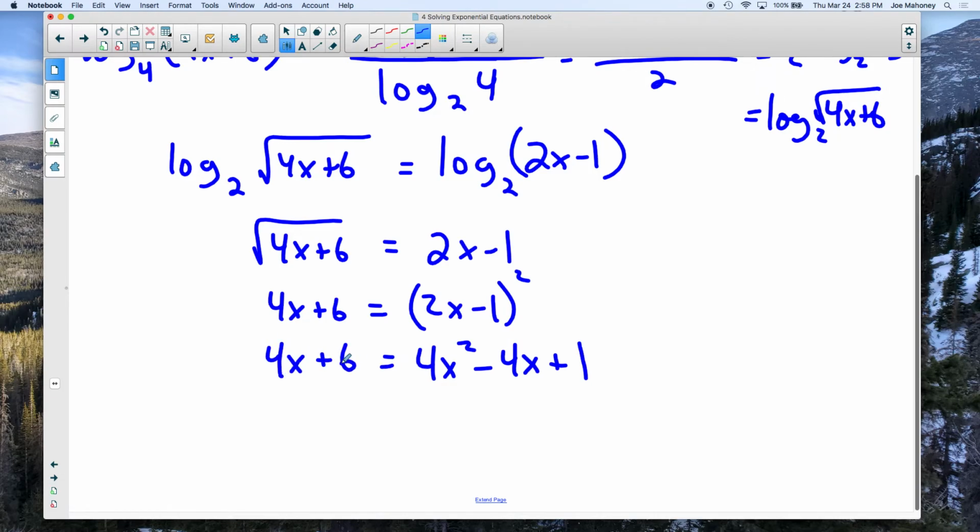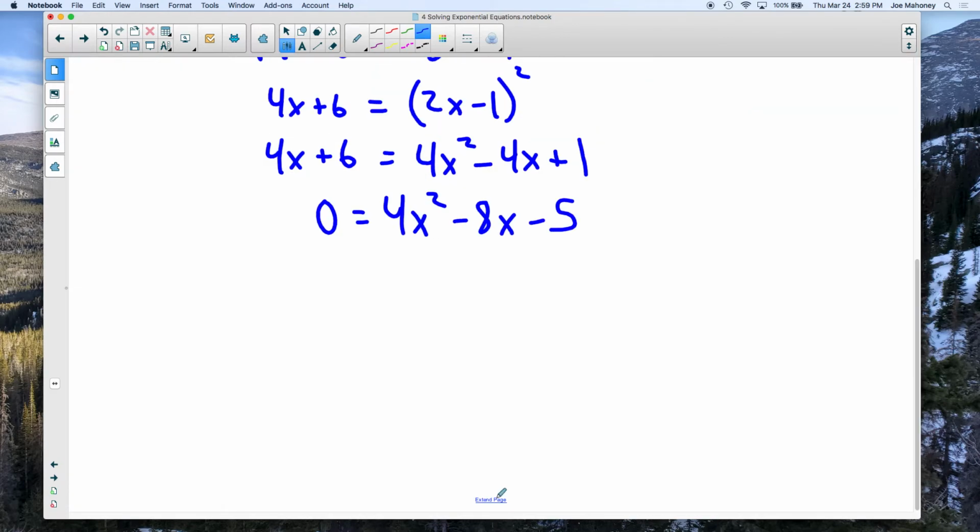Cool beans. Set equal to 0 and factor it. Let's see, we get a 4x squared. If I subtract my 4x, I get a negative 8x. And if I subtract over the 6, negative 1 minus 6 is negative 5. Oh, it's got to be one of those factoring problems. That's crazy. Oh, it's not going to be too bad.